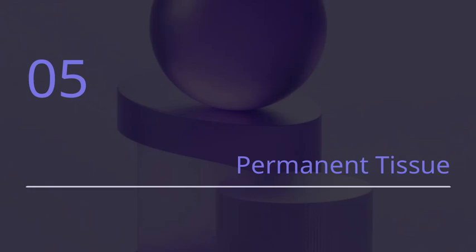Let's talk about permanent tissue. These tissues are crucial because they provide structure and support to plants. Unlike meristematic tissues, which are responsible for growth, permanent tissues are more specialized and have a fixed shape and size. They can be classified into simple and complex permanent tissues. Simple permanent tissues include parenchyma, collenchyma, and sclerenchyma, each serving different functions such as storage, support, and transport.